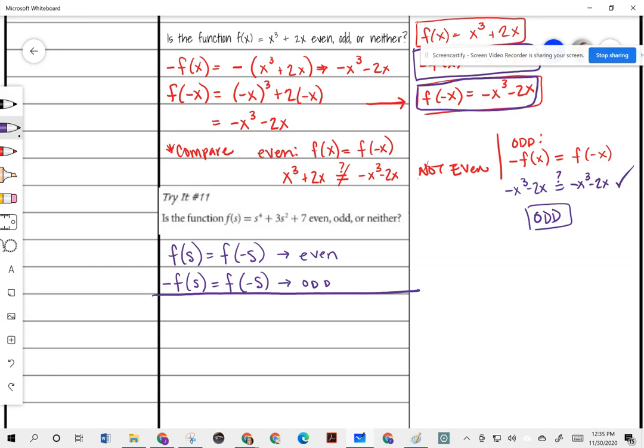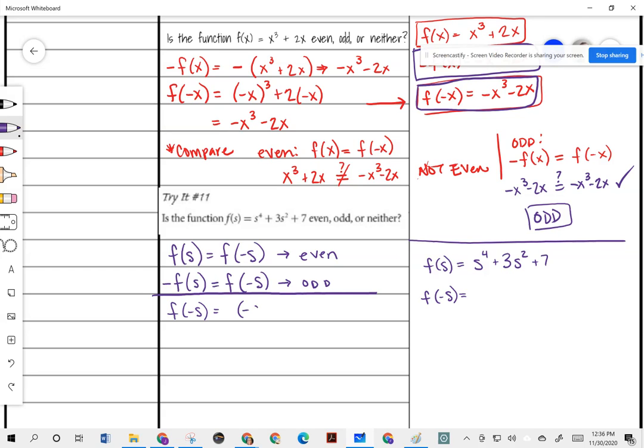All right, so we've got s to the fourth. So what we're going to do is just over here, keep track of all of our work. So we have f of s, which is just the same equation written down. And now let's do f of negative s.